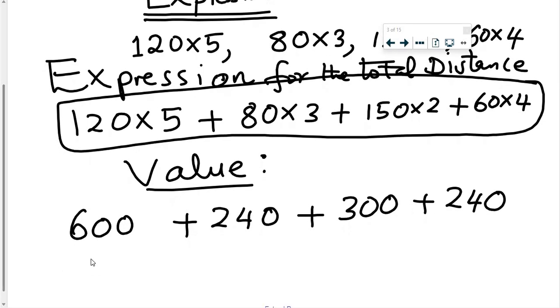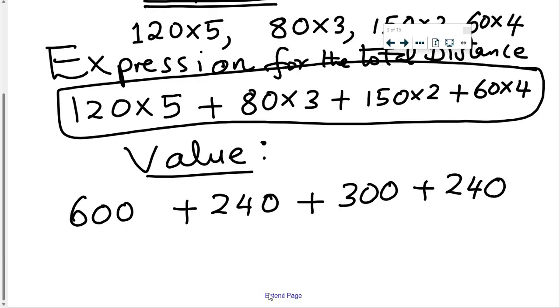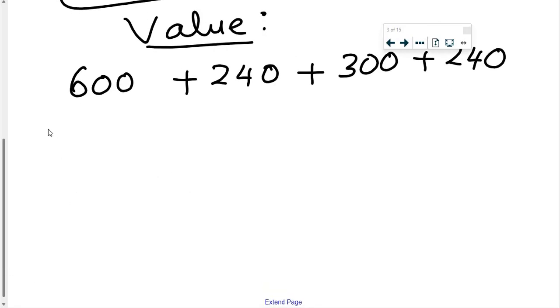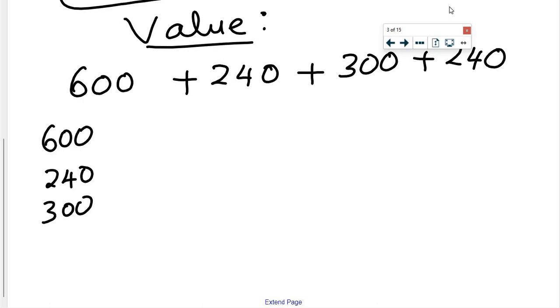Now, you have to add 600 plus 240 plus 300 plus 240. And usually we prefer arranging these numbers vertically. So you take 600 here, 240 here, 300, and then 240.